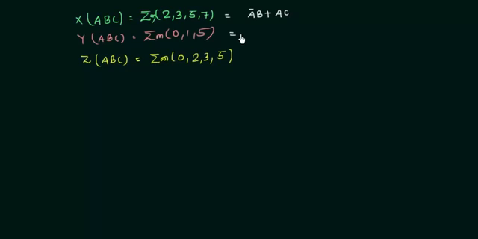For Y, when you minimize it, you will get A complement B complement or B complement C. And for Z, when you do the minimization, you have A complement B, A complement C, or A B complement C. So this is the second step, the minimization.